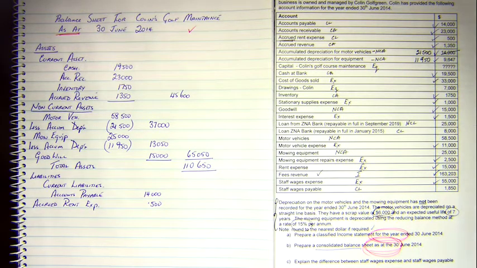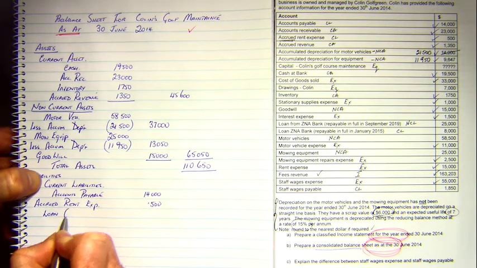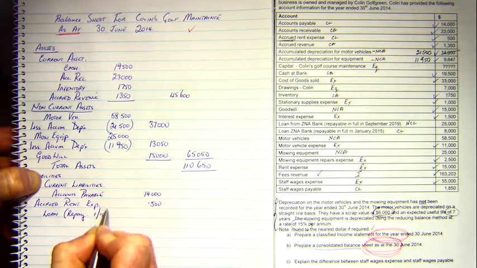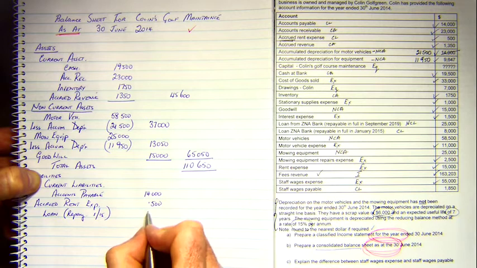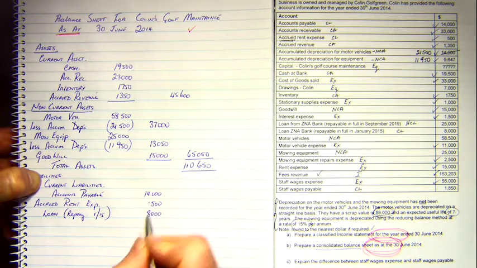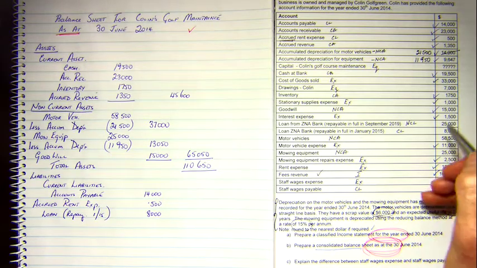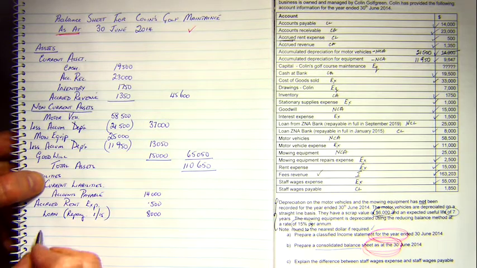What's my next one? Short-term loan. I'm just going to put repay first, and it's for 8,000. Any other that I need to? Staff wages. All right, thank you. I would have forgotten that one.